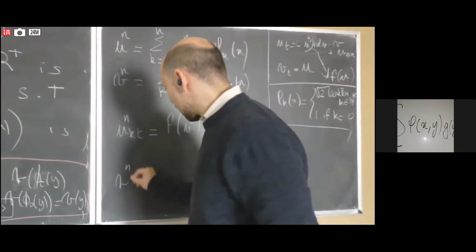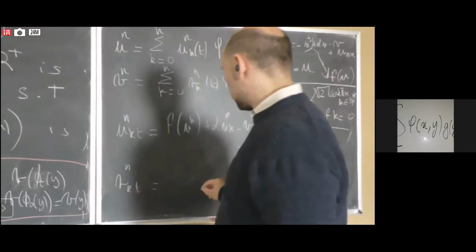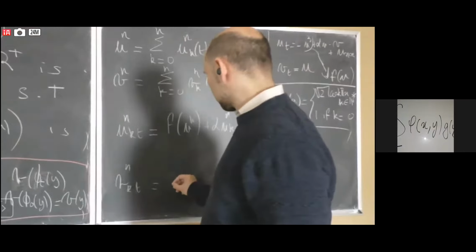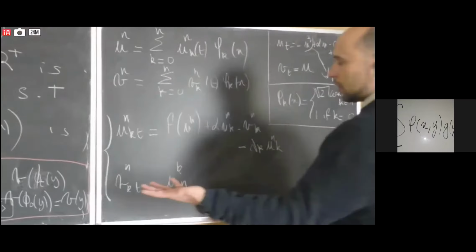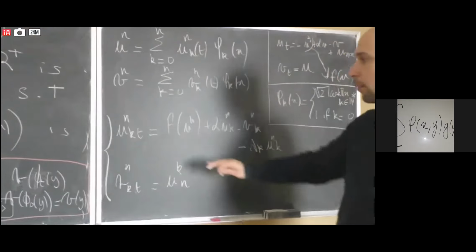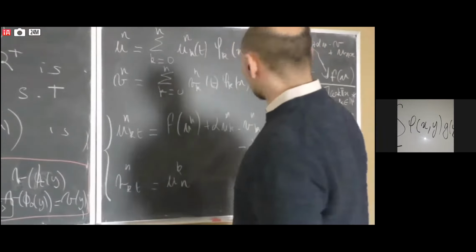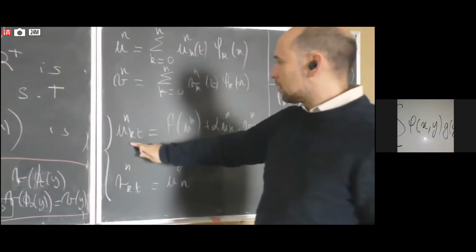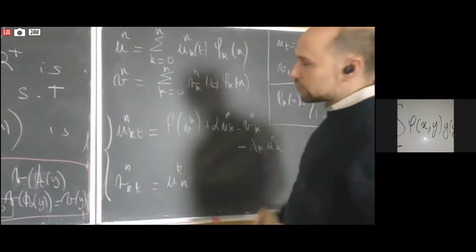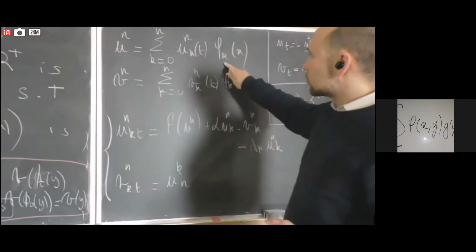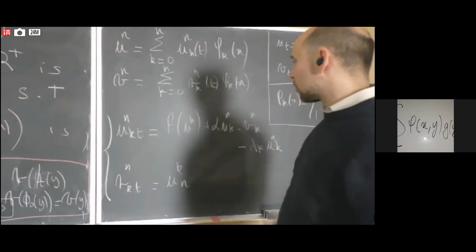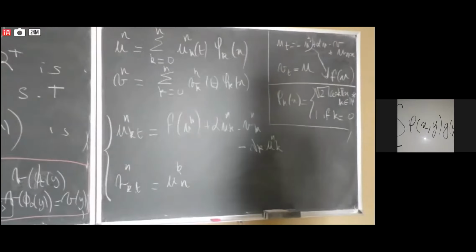And here, so you can obtain this equation by replacing u here by un, and then you take the integral, you multiply by a function phi k and take the integral, and you will get this equation.